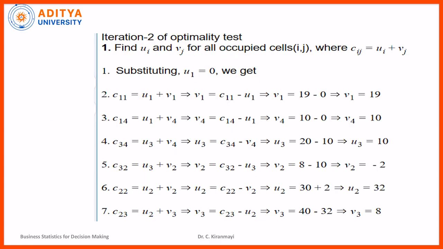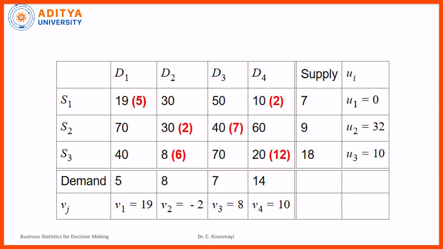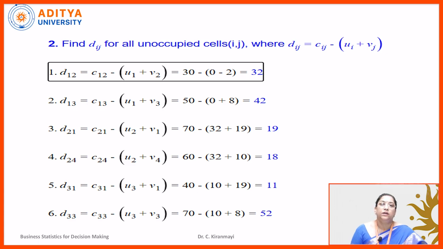Then, after obtaining ui vj values, in the second iteration again compute dij values, that is net evaluations, using these new ui vj values. After computing dij values, look at all the dij values: whether any dij is negative or all dij are greater than or equal to 0.